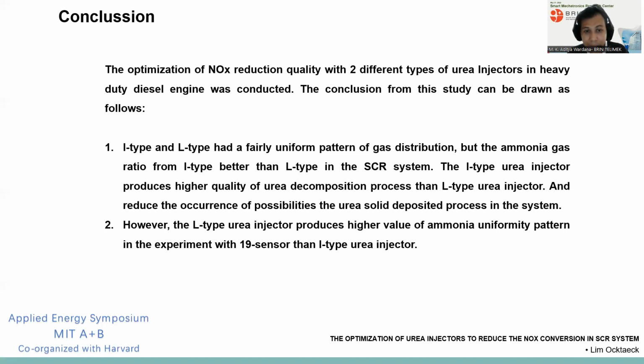However, the L-type urea injector produces a higher ammonia uniformity pattern in the experiment with 19 sensors than the I-type urea injector. But in the future, if we run the I-type urea injector with an increased mixer process, I think the uniformity of the I-type will be better.